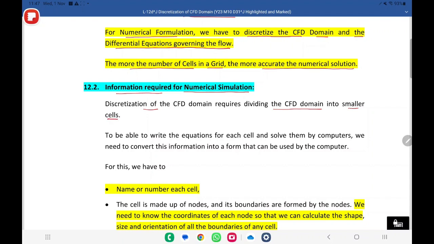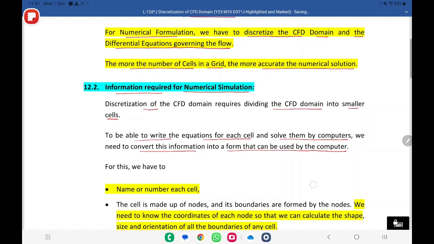To be able to write an equation for each cell and solve them by computer, we need to convert this information into a form that can be used by the computer. So we'll be writing an equation for each cell and solving them, and that should be in a format readable by the computer, the way the computer can handle it.